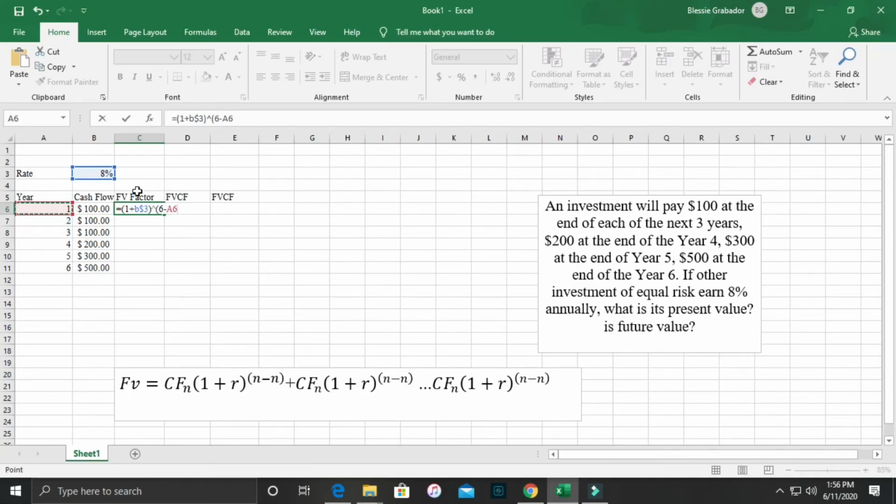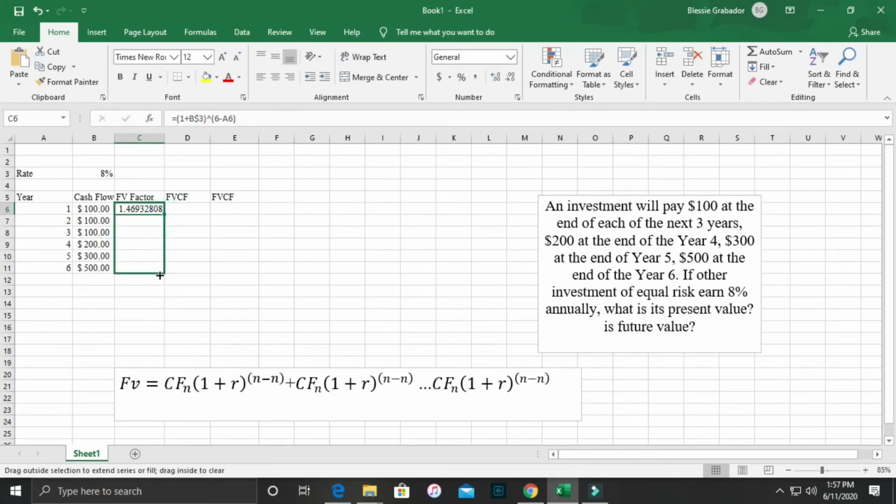A6. So our future value factor for the year 1, we have 1.4693288. So we're going to drag this down so we could have the second year and sixth year.